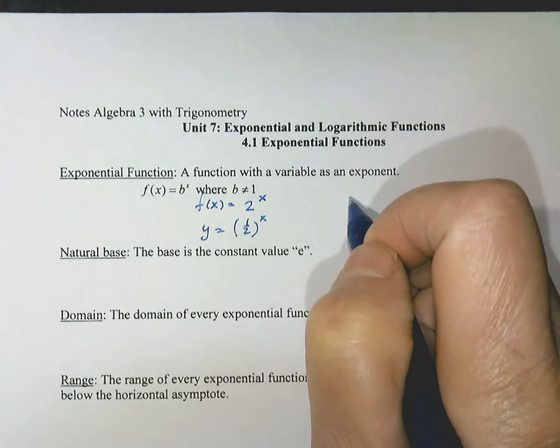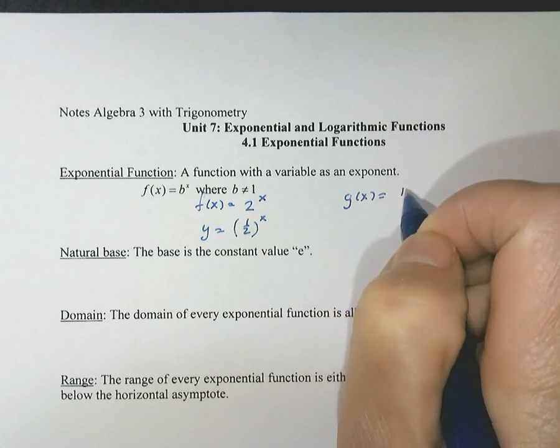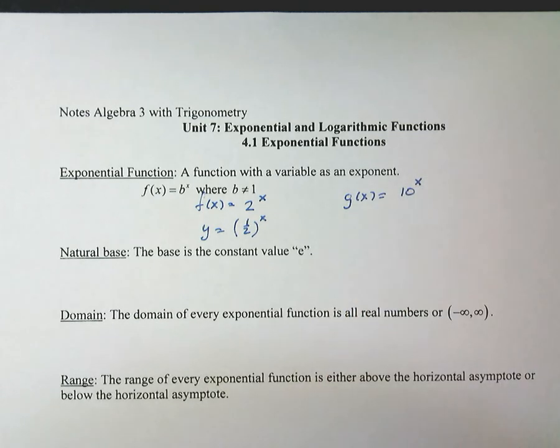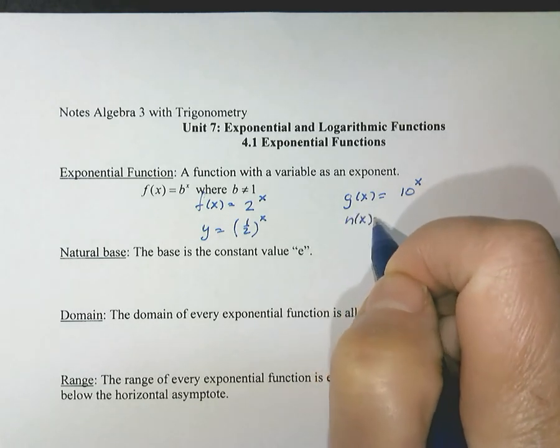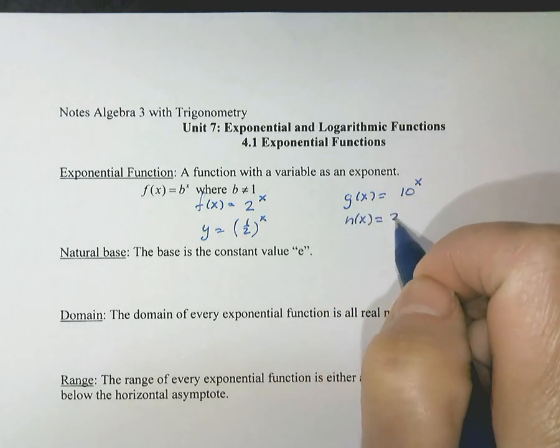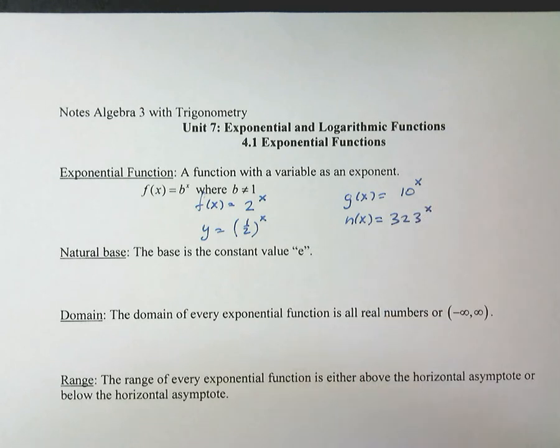I could have g of x equals 10 to the x power. I could have h of x is equal to 323 to the x power. So the bases are all different. It's that the exponent's a variable.